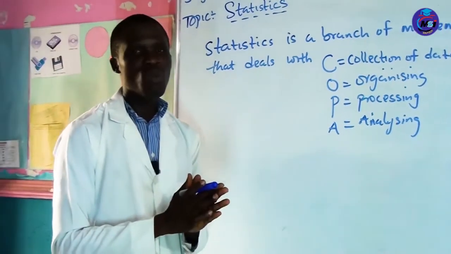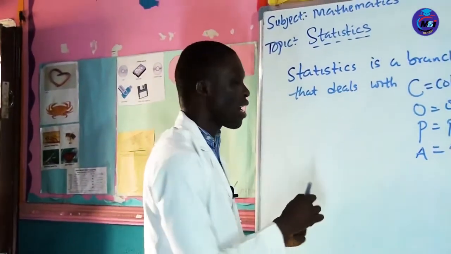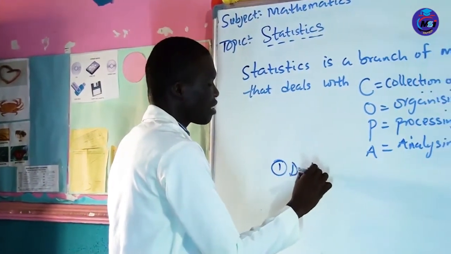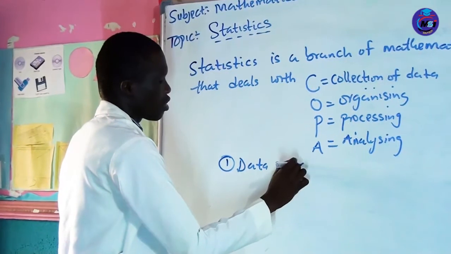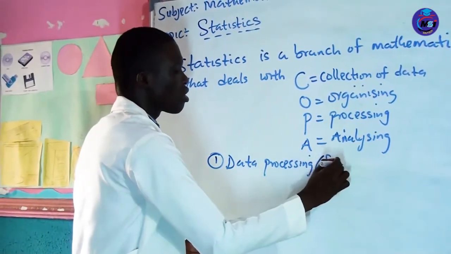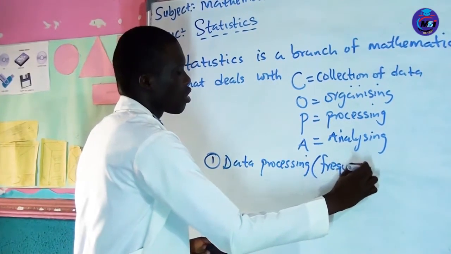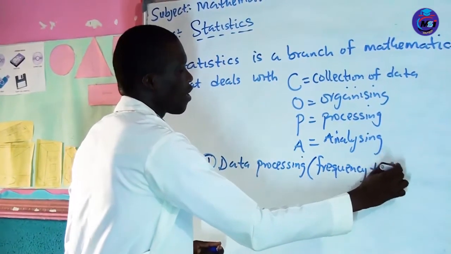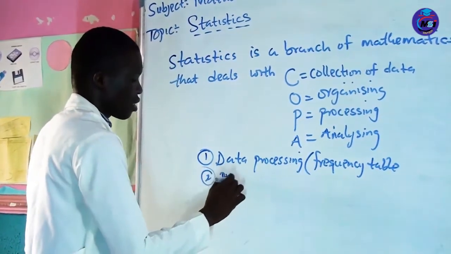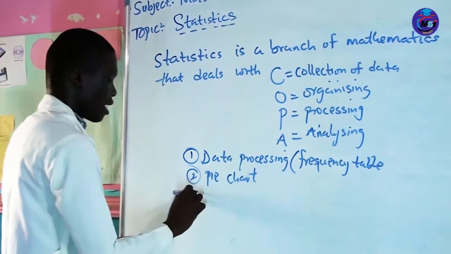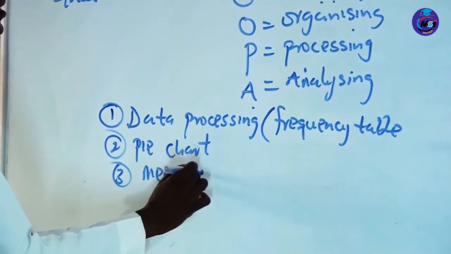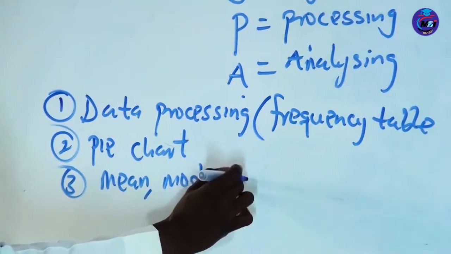Now, in this class, we want to look at number 1, data processing, which include frequency table. Number 2, we want to look at pie chart, and we also want to look at mean, mode, and median.